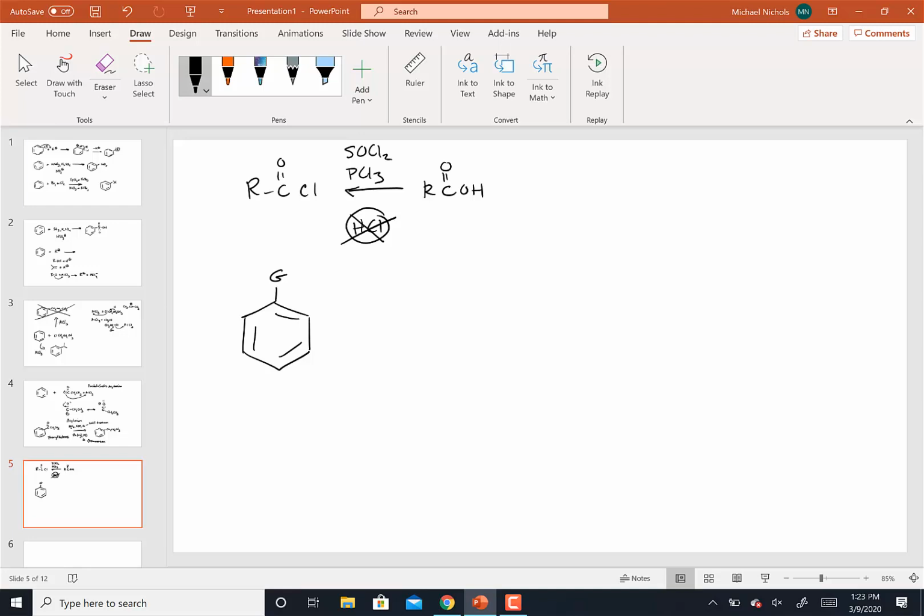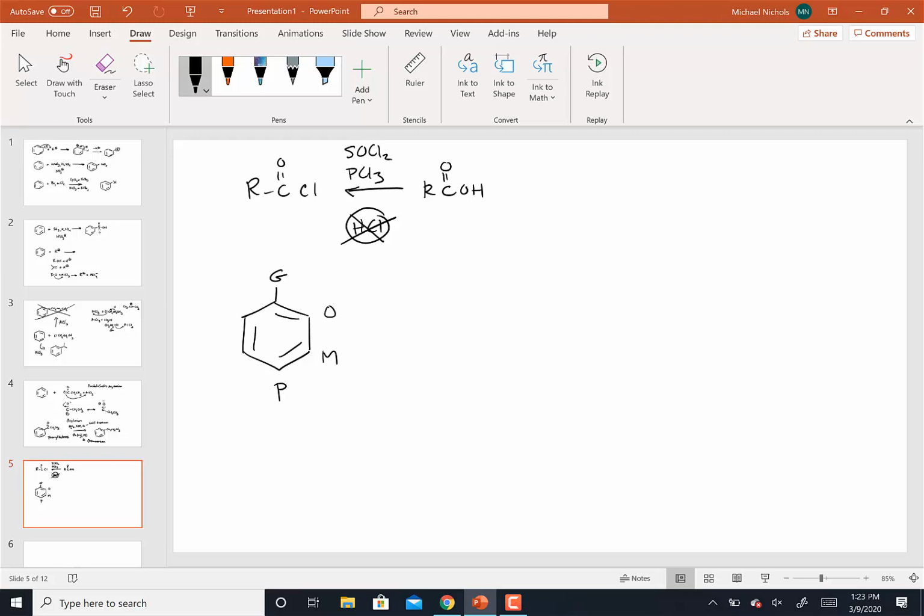Let's make life a little bit more interesting and realistic. Let's put a group on the ring, and now we have to ask which hydrogen is going to be replaced by the electrophile. Is it going to be the ortho, the meta, or the para hydrogen? If you're hoping that it's just random so that we can move on, nothing is just random.